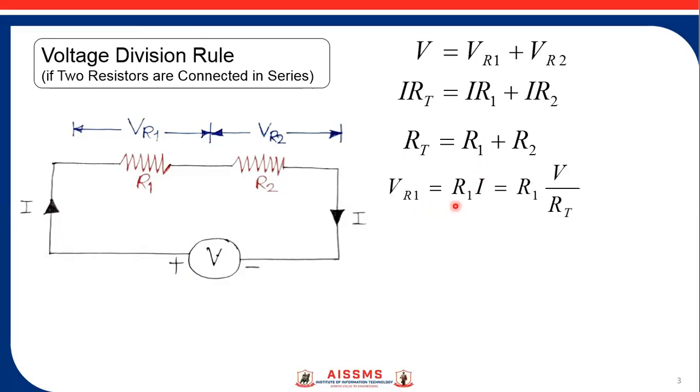Now VR1 equal to R1 into I. I is nothing but V divided by R total. Now R total is what? R1 plus R2.